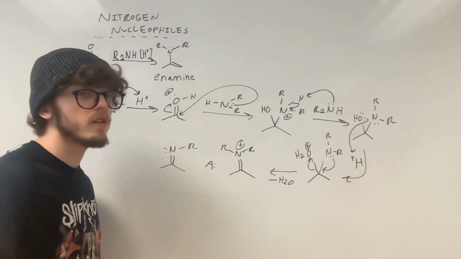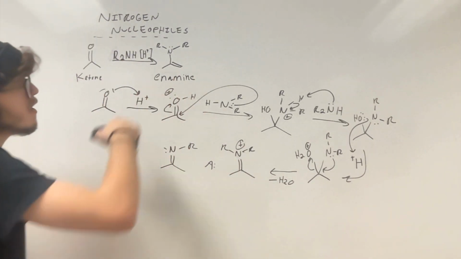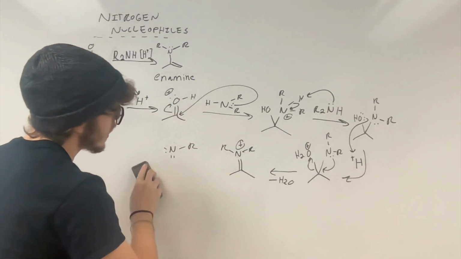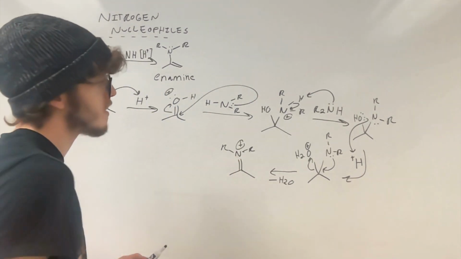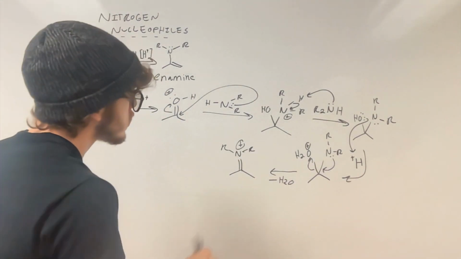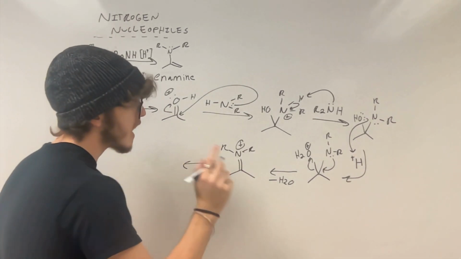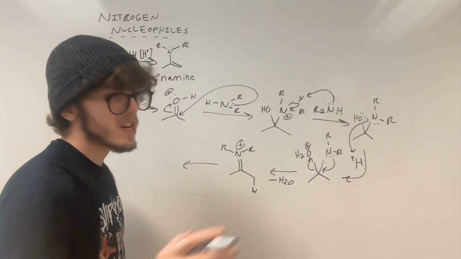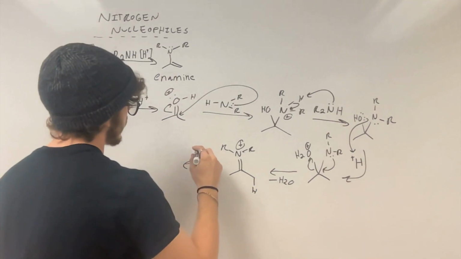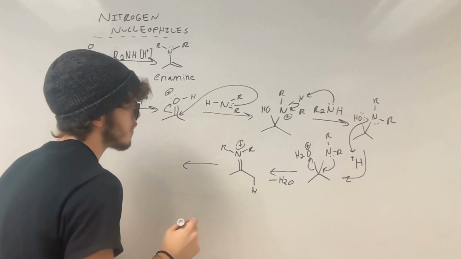That's just not how chemistry works. So something else needs to happen, and that's why you get an enamine. Instead of deprotonation, we can't go by that step to neutralize the nitrogen's positive charge. So what we have to do instead is take base and do elimination. Weird, isn't it? But it's the only way you can neutralize that positive charge.